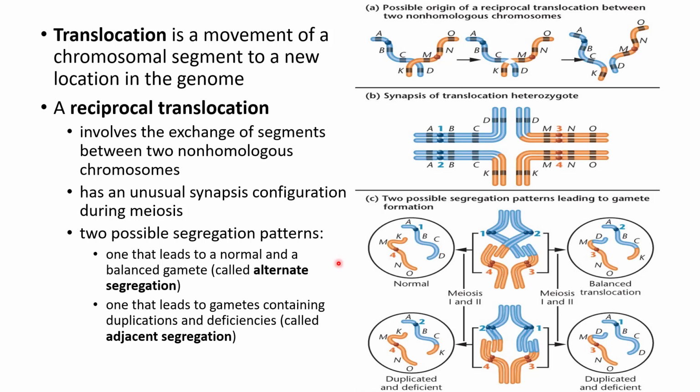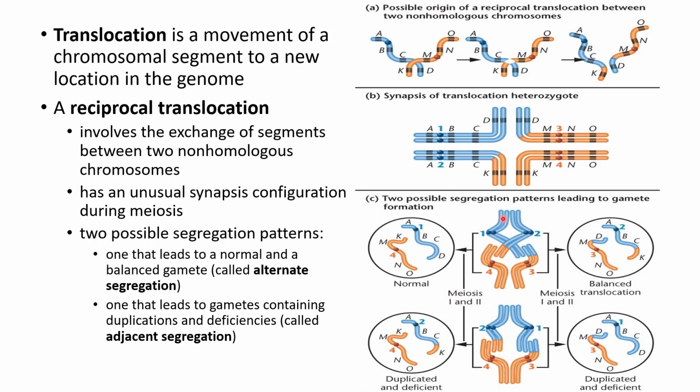In a non-reciprocal translocation, we don't have exchange on both. I'll show that one in just a second. Usually this occurs when we get a weird synapse configuration during meiosis, and we get these two patterns that can form where we could have an alternate segregation or an adjacent segregation.